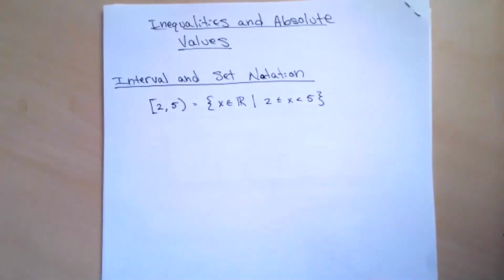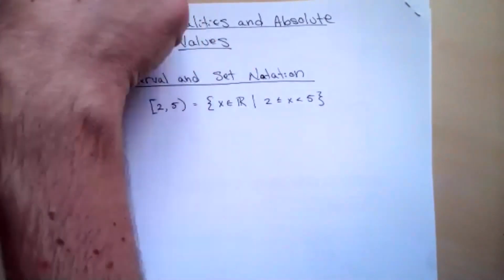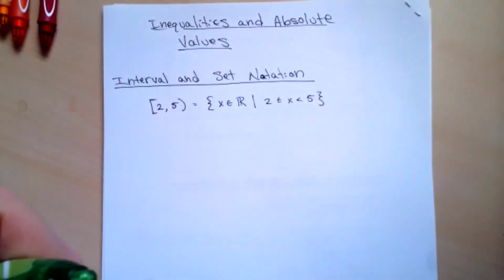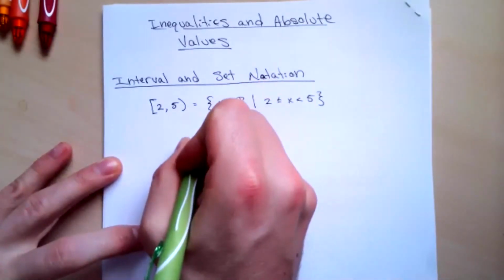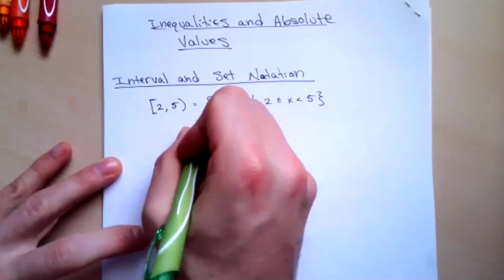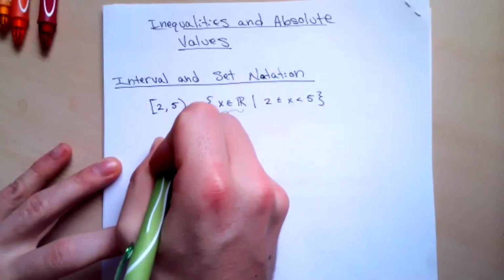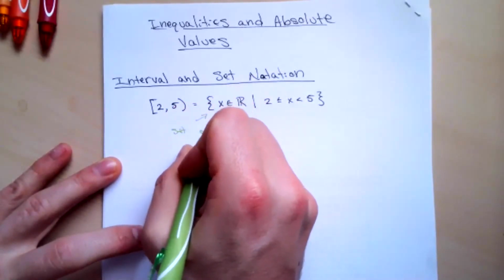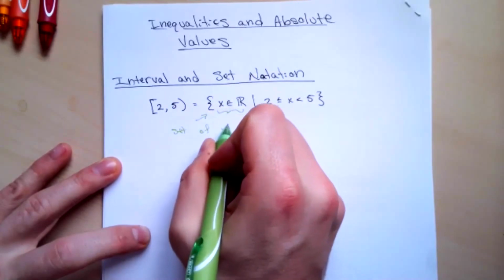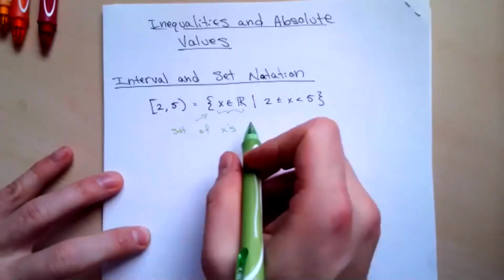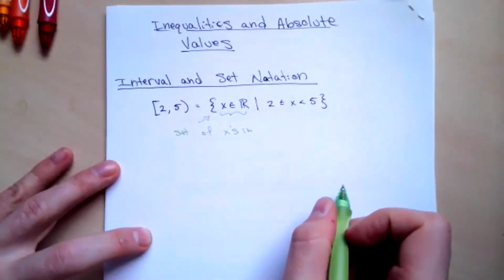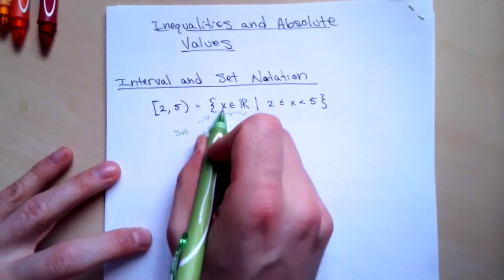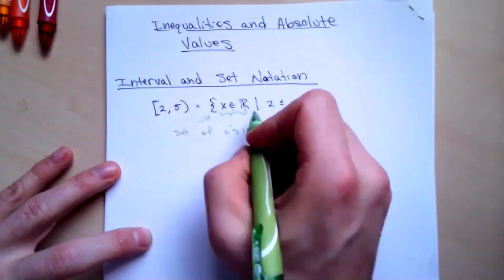The squiggly bracket says the thing we're describing within the squiggly brackets is a set. This part here, essentially we can read it as the set of x's, or the set of variables. This sideways e just means in. So x in R, this is a real number.